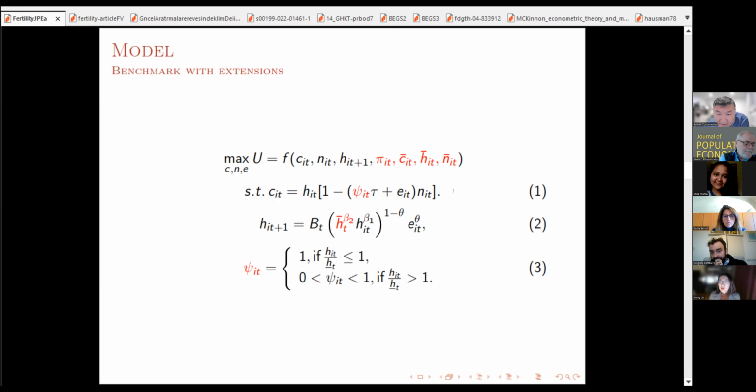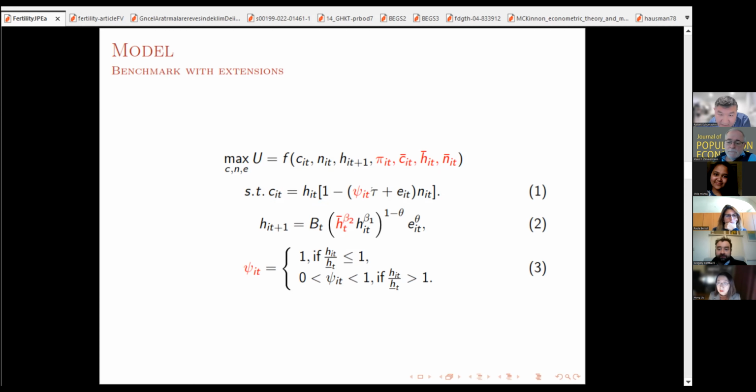But if you decide to have children, let's say this N is 1, then you have to spend some money on educating, and some time you also have to spend on looking after and raising the kid.